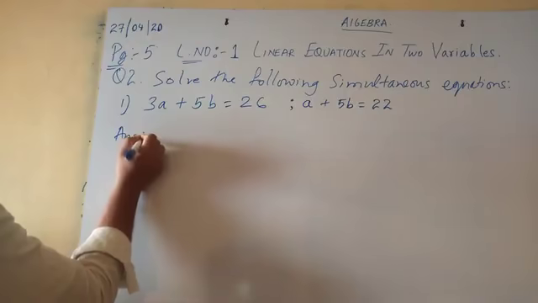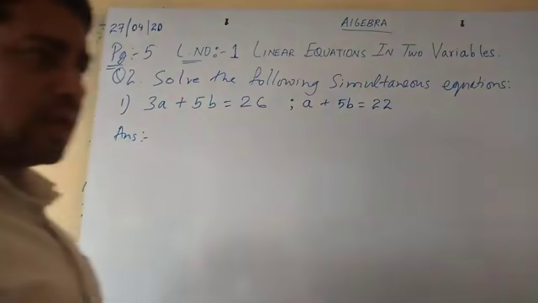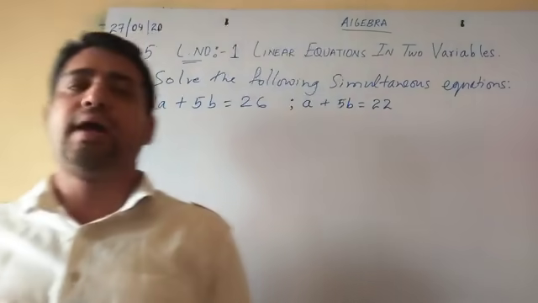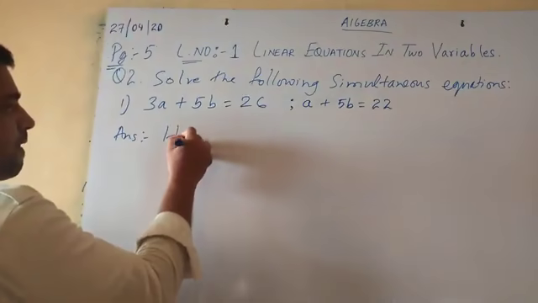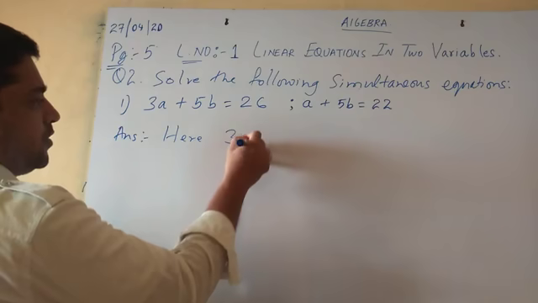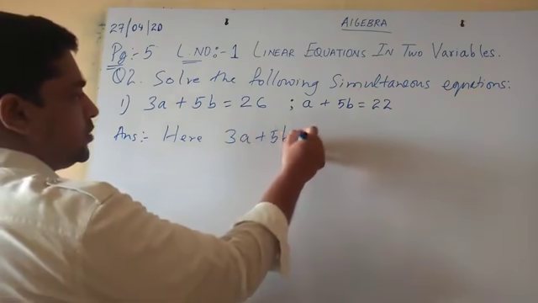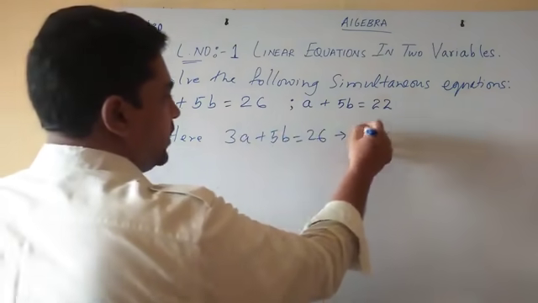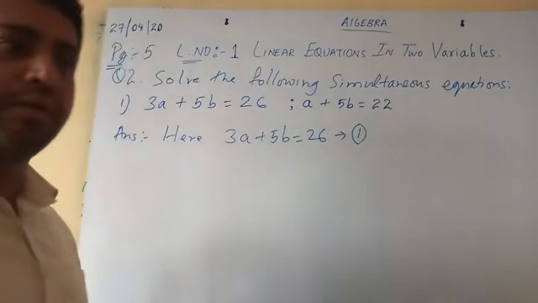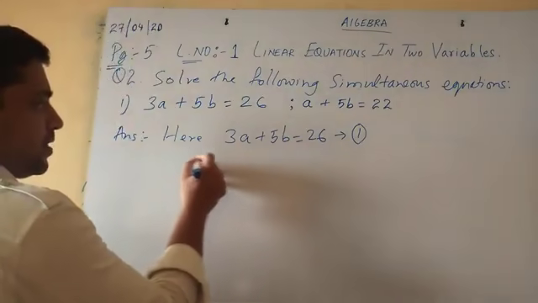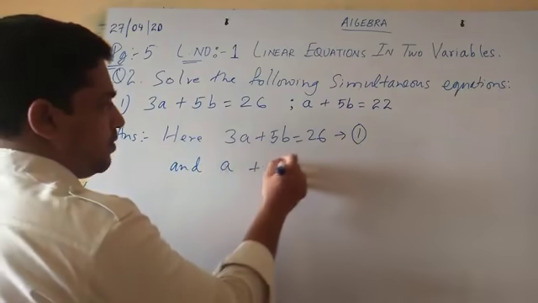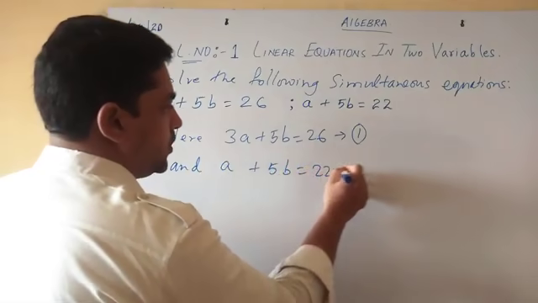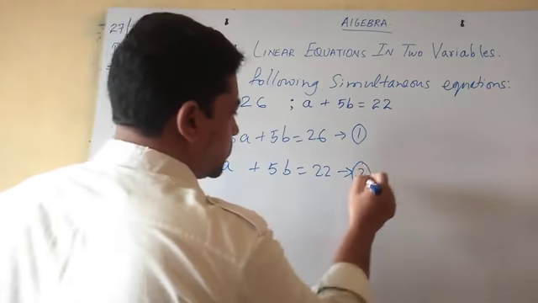I'll write it down again, one below another, and I'll give them equation numbers 1 and 2. So here your first equation 3a plus 5b is equal to 26 can be written as equation number 1, and a plus 5b is equal to 22 is equation number 2.